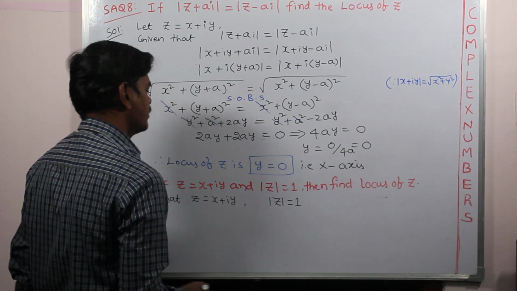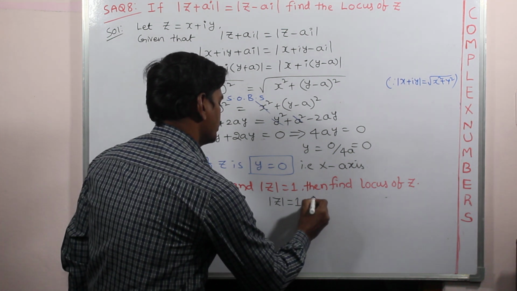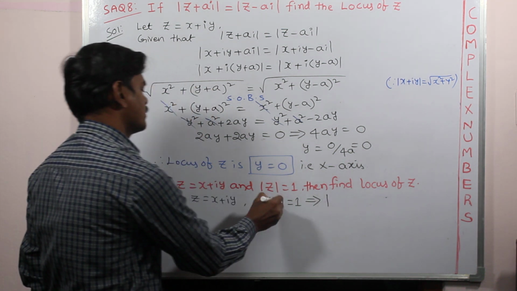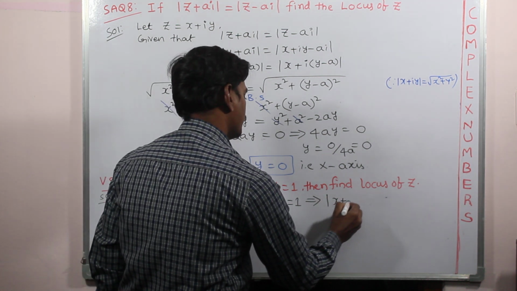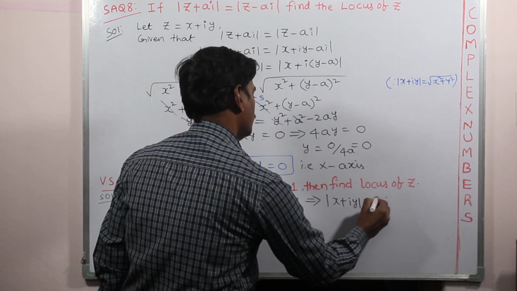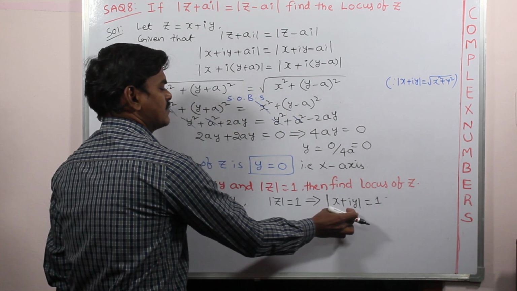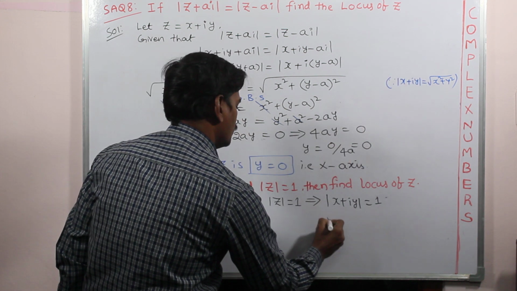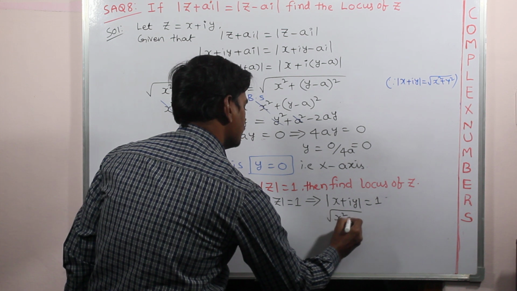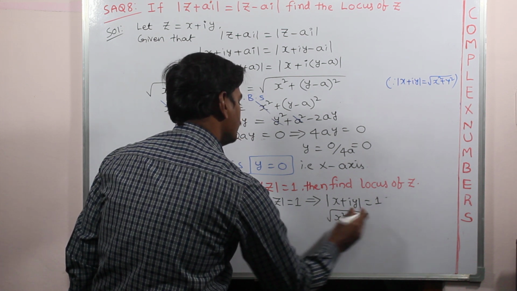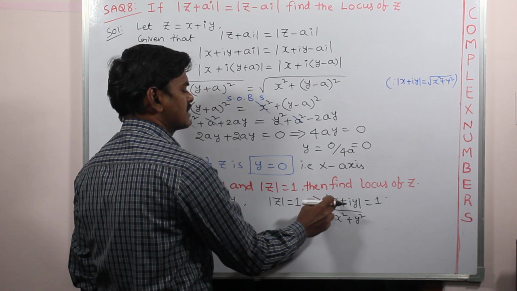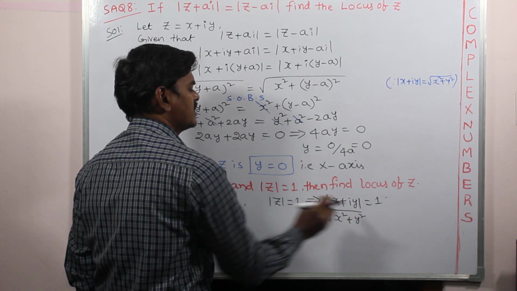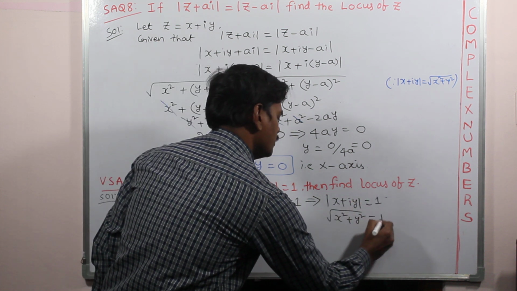In the given condition, we substitute x + iy in place of z: |x + iy| = 1. For |x + iy|, the direct formula is root over x squared plus y squared. It is a very useful formula, the modulus of a complex number, so do remember it. So that equals 1.